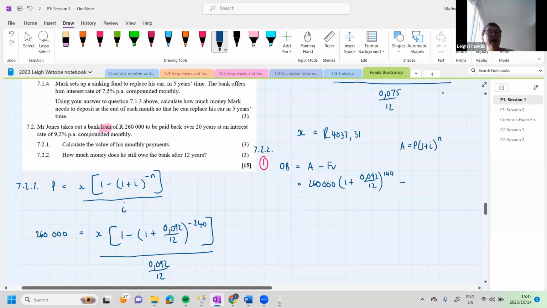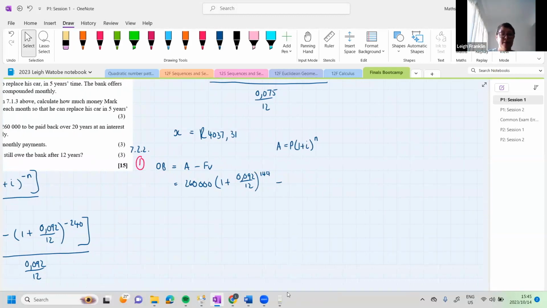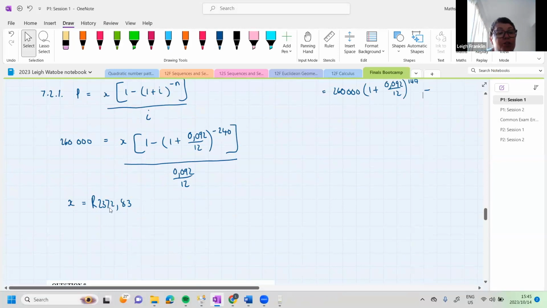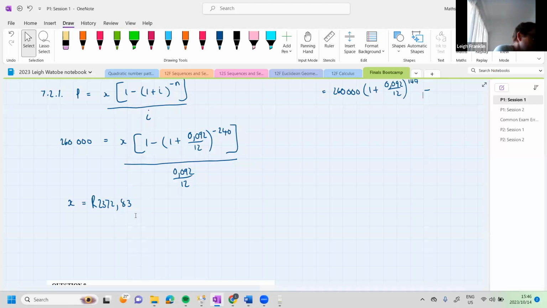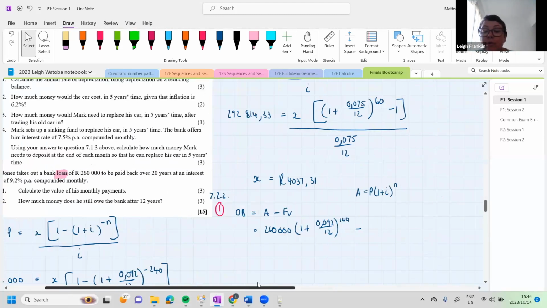Minus the future value of his payments. So recall from the previous question, we worked out the value of his payment every single month. We know that it is this value of 2372.83. I'm just going to write that down again, 2372.83. And it minus the future value of his payment.